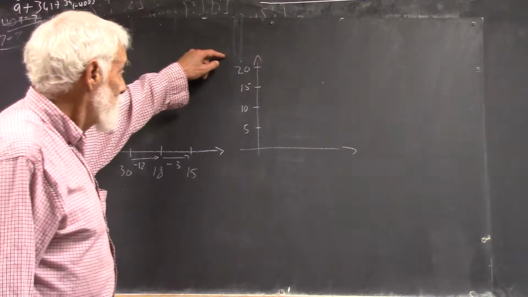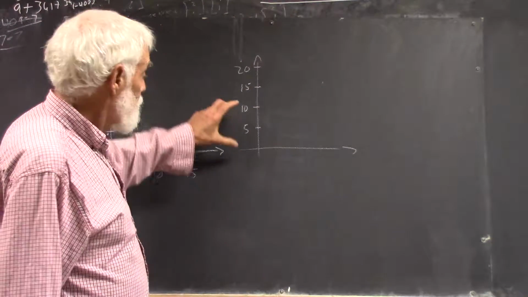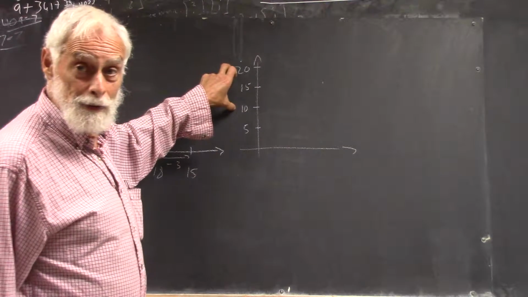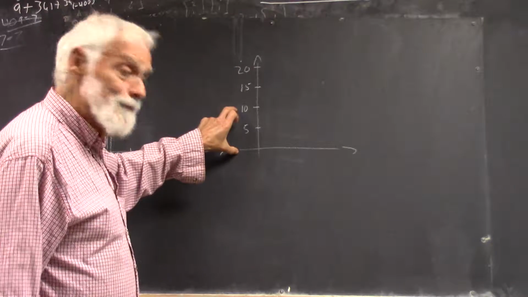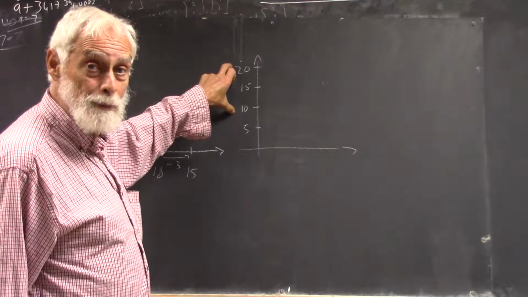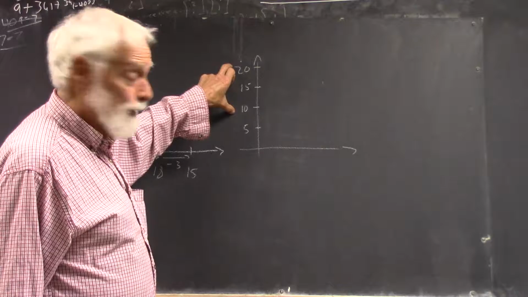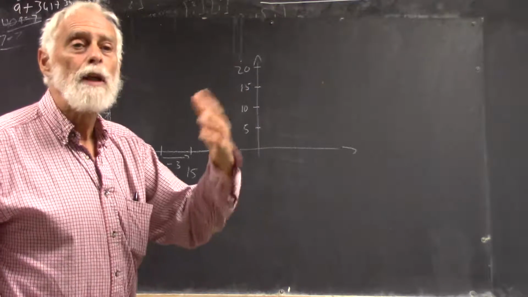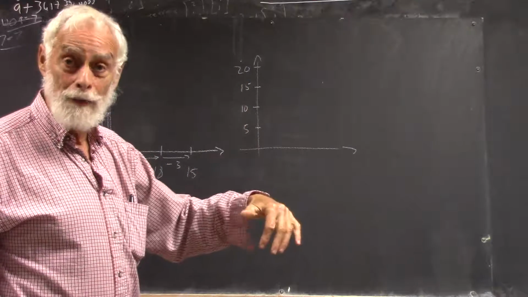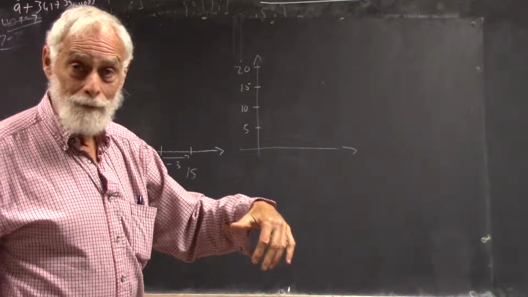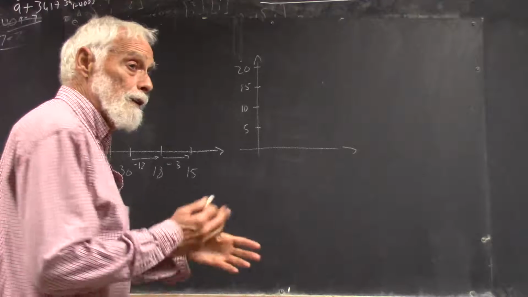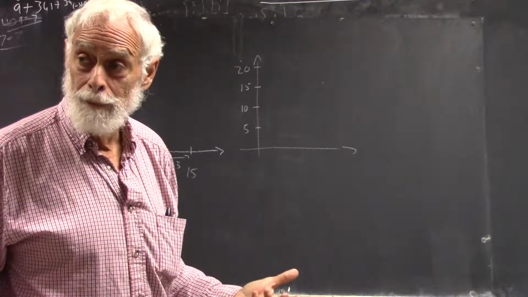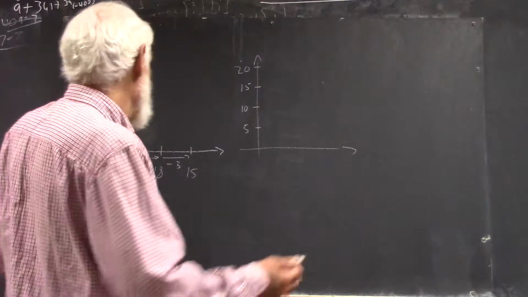Divide this interval in half so that this distance is equal to this distance, because this distance would be 10 and this distance would be 10, right? And then I divide those in half so that the scales make sense, so that the shape of the graph makes sense. If the shape of the graph doesn't make sense, you're not going to be able to interpret what it's telling you. Okay? It's easy enough to do this.